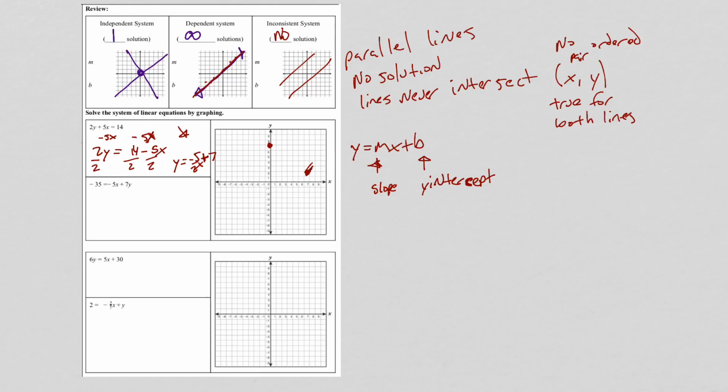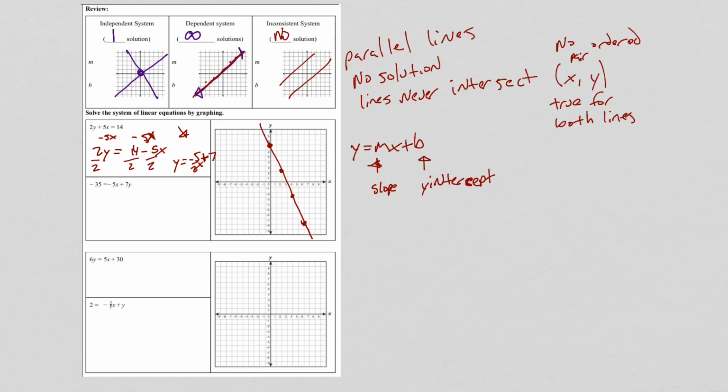Let me erase that. So it's down 5 over 2. Down 5, 1, 2, 3, 4, 5 over 2. So there's that line.